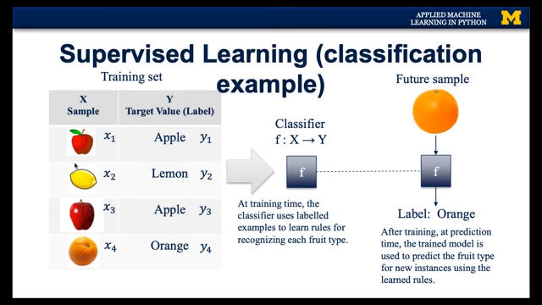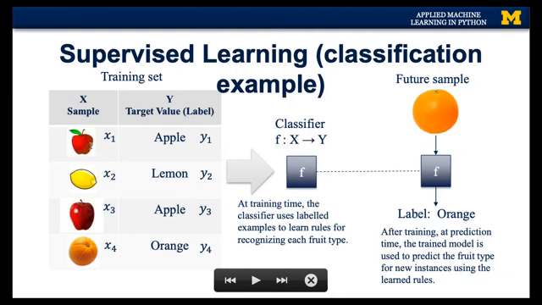Let's say we have supervised learning as a classification example. So we have some training data like X data. These are our features or our samples. Let's say we have fruit detection.